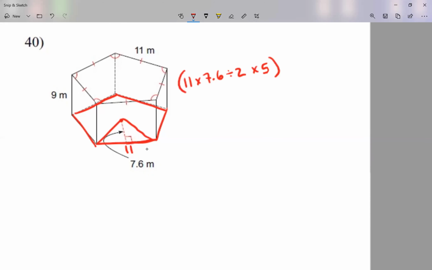And that's going to give me the whole base. Whatever I get, because I'm going to type it in, I'm going to multiply this by 9. Right? The height, the number that has nothing to do with the base. So I'm just going to go 11 times 7.6 divided by 2 times 5 times 9. My answer is 1,881.